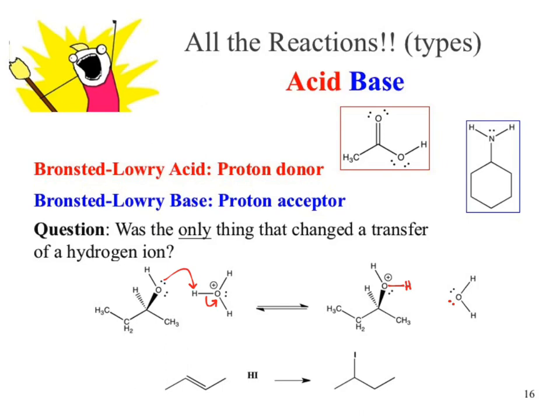What did it do? It shared electrons with somebody else. So it lost electrons. If it was neutral and loses electrons, it should become positively charged. All right? What happens in the bottom case? What's the most reactive thing?